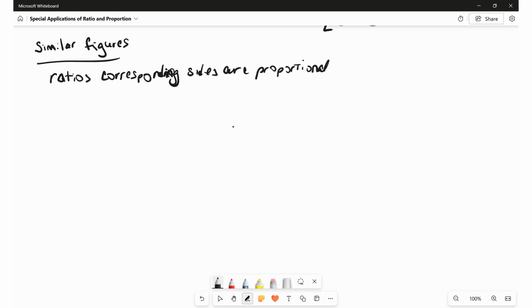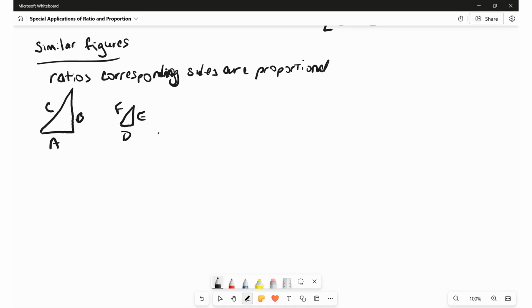Well, what that means is we can consider that, let's say that we have two triangles, this triangle, okay, and then we have this triangle, and let's label this A, B, C, and say D, E, F. Okay.